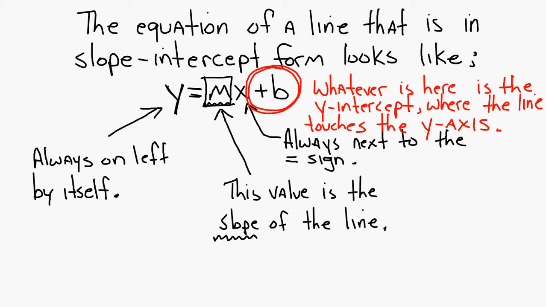This equation is called slope-intercept form because when the line or equation is in this form, you are given the slope and you are given the y-intercept. All right, does that make any sense? Does anybody have any questions?